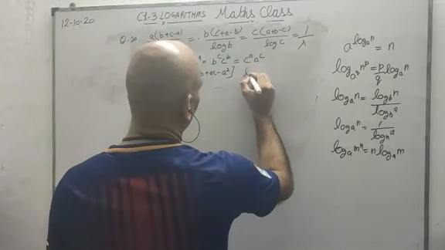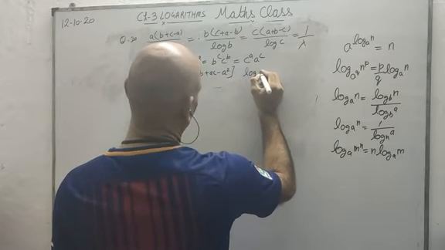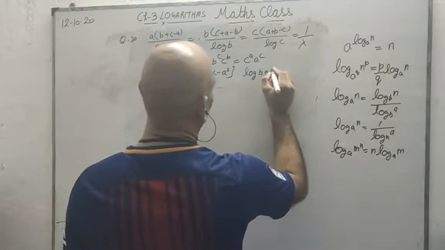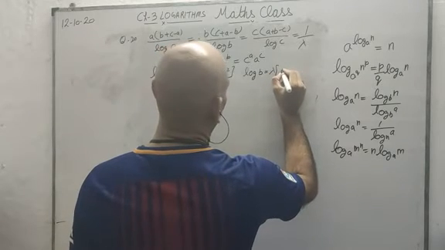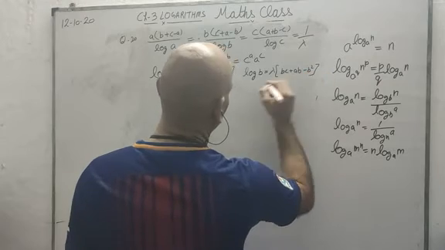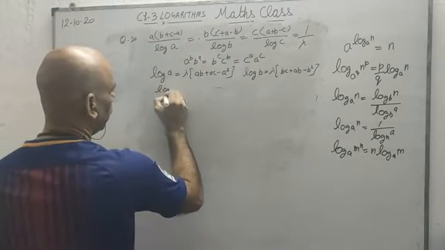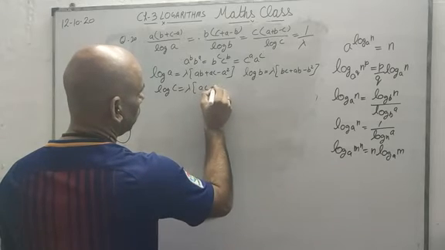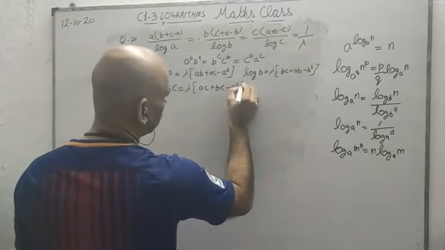Similarly, log b will be lambda times bc plus ab minus b square, and similarly I will get my log c as lambda times ac plus bc minus c square.